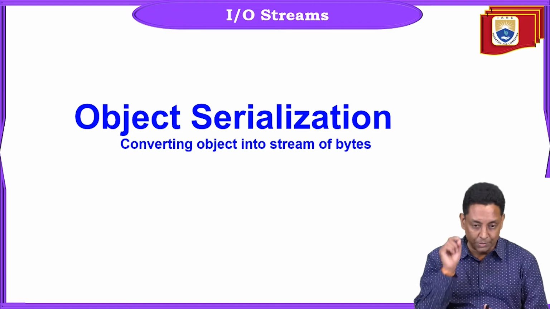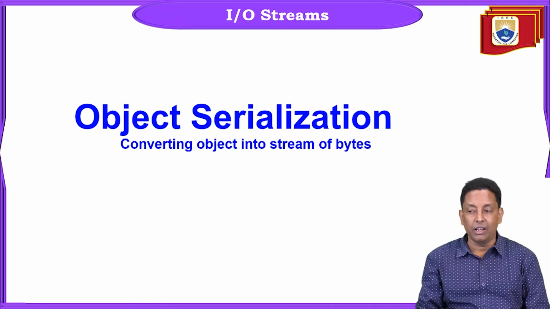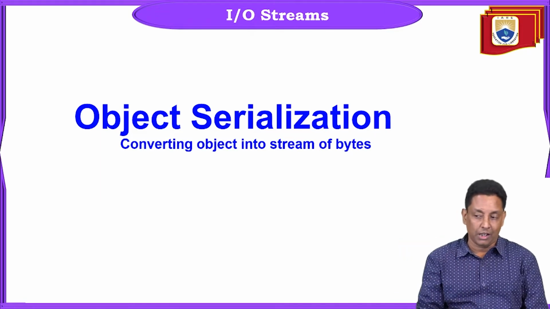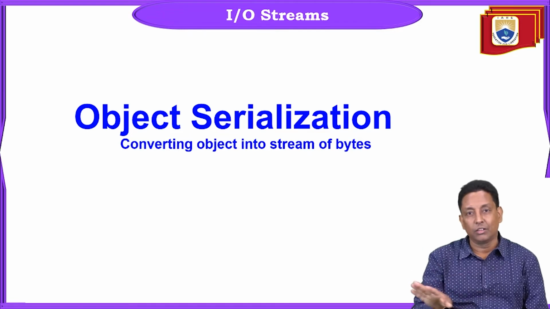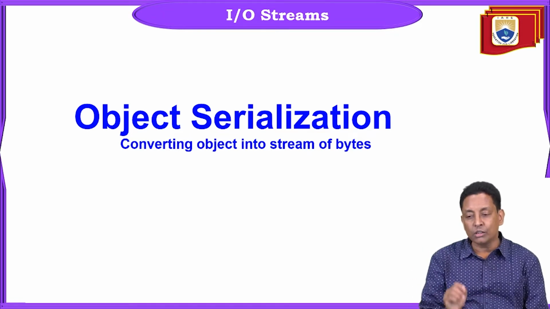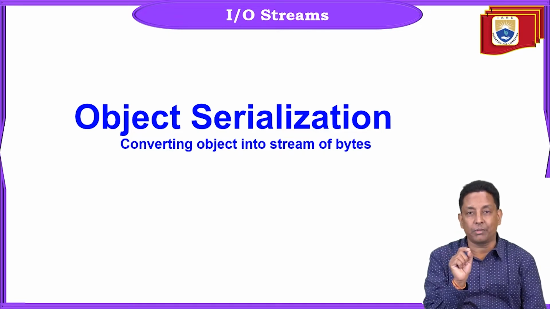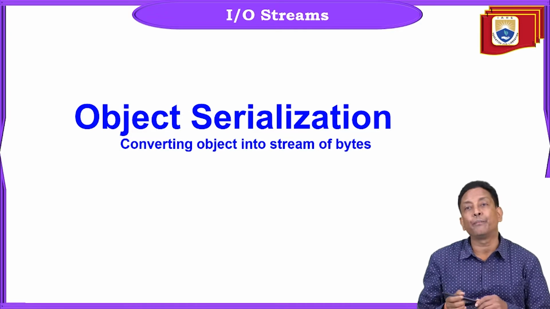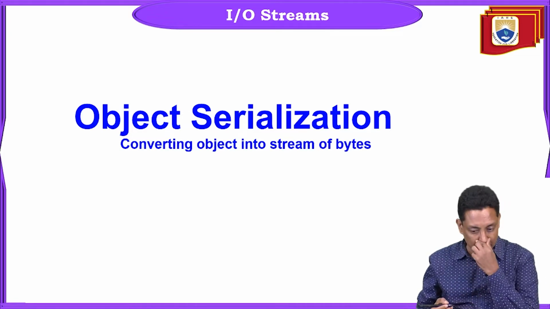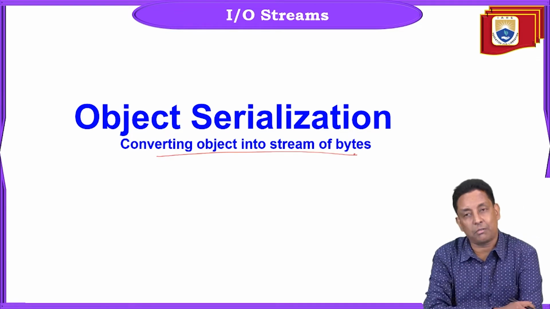I need not specially say network capability, because nowadays every programming language has IO API and networking API. So, if a programming language has object-oriented programming capabilities and network programming capabilities, in such cases we can use this object serialization concept: converting an object into a stream of bytes.